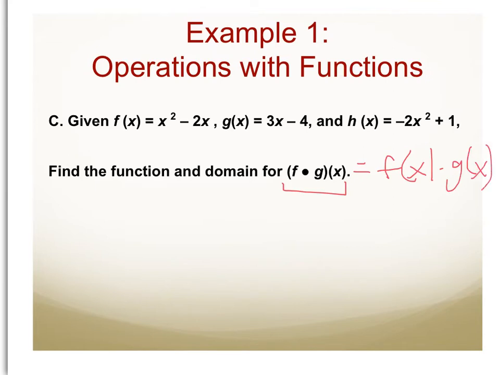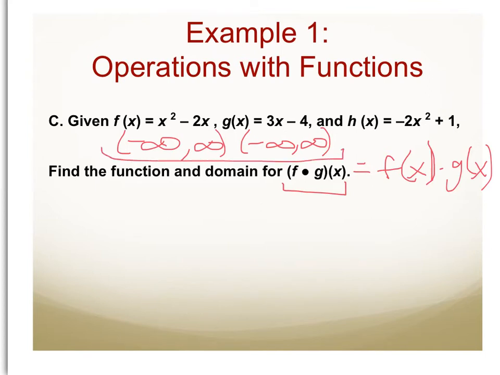I already know that the domain for f of x was negative infinity to infinity, and also g of x was negative infinity to infinity. The intersection of these two domains, since the domains are both the same, would be negative infinity to infinity. So my domain is negative infinity to positive infinity, and we're going to take f of x times g of x.